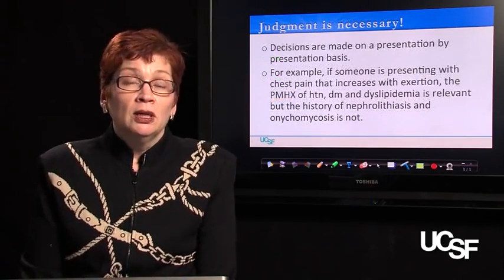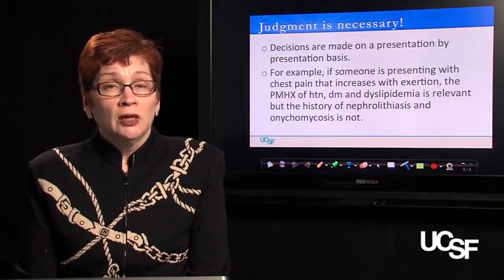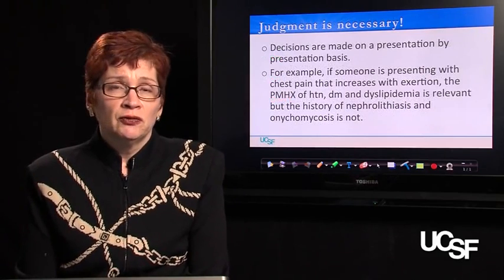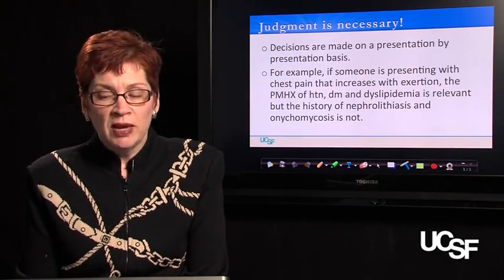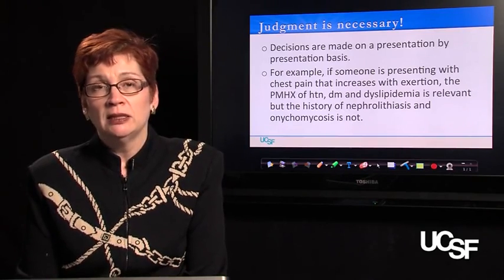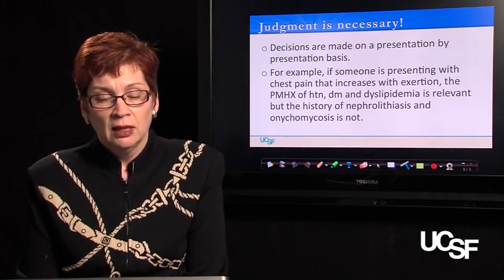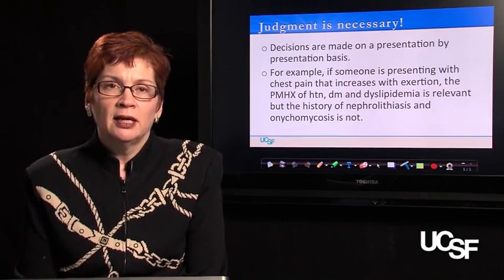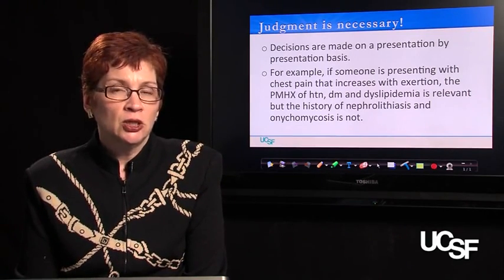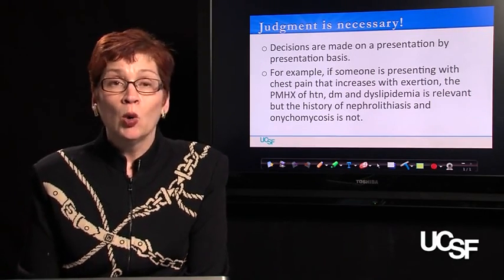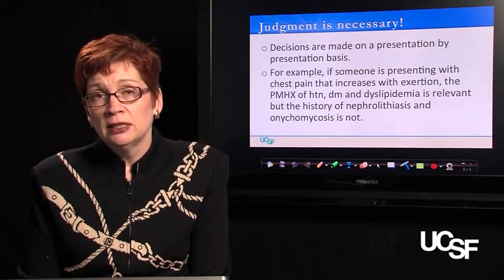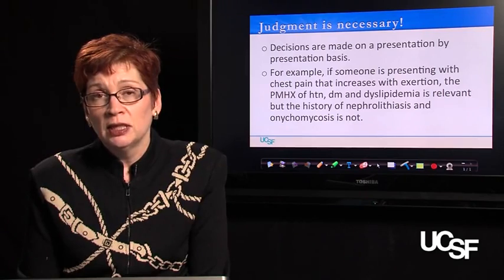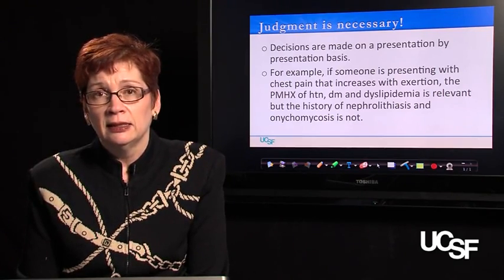Now, whenever you make decisions in the course of caring for patients about problem representations or differential diagnosis, there will be judgment calls, and these decisions should be made on a presentation-by-presentation basis, dependent on the patient's symptoms. So, for example, when trying to decide whether the patient's past medical history is included in epidemiology or listed as other relevant history, it depends to a large extent on the type of symptom they're presenting with and the diseases that they have.